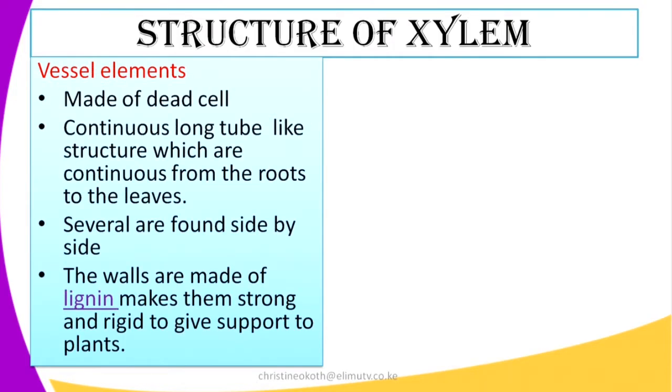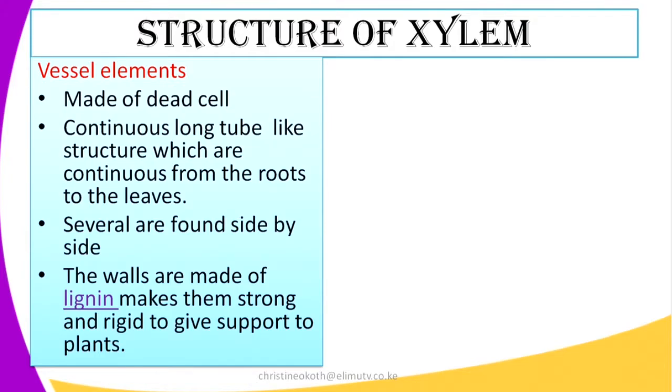The first one was the tracheid, so the next one is the vessel element. Just like the tracheids, they're also made of dead cells. This one is a continuous long tube-like structure, continuous from the roots to the leaf. Remember, the xylem vessel is the vessel that helps transport the water from the roots up to the leaf.